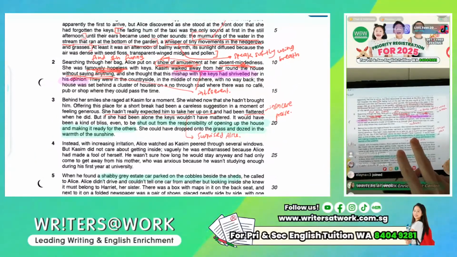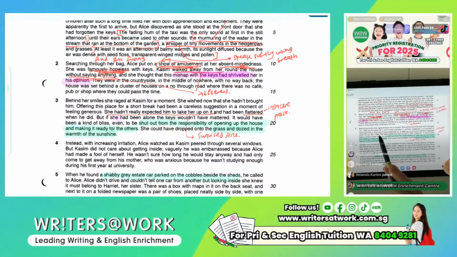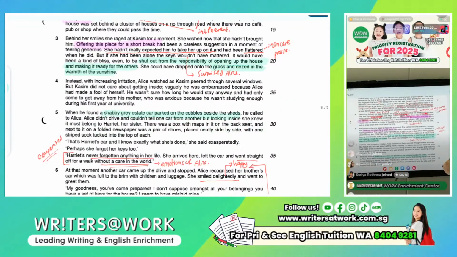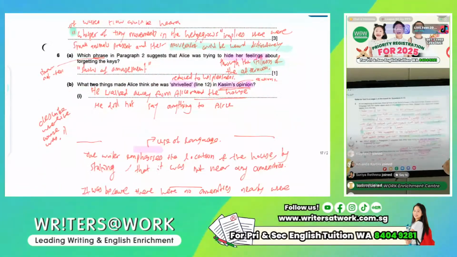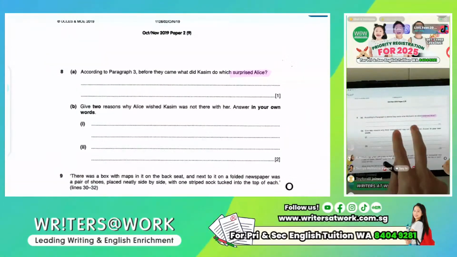Over here, if you observe, I pointed out to you that she hadn't really expected him to take it up on her and had been flattered if he did. So you can see, offering this place for a short break had been a careless suggestion, and she expected Kasim to say no, but actually Kasim wanted to go to the house for a short break, and that surprised Alice.